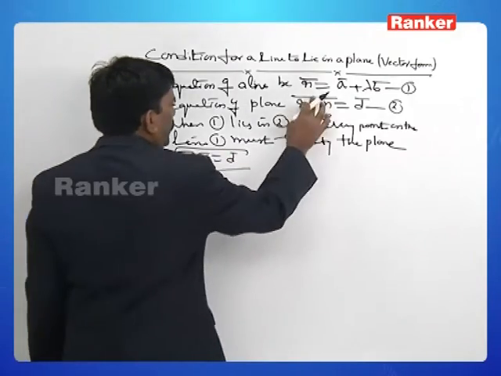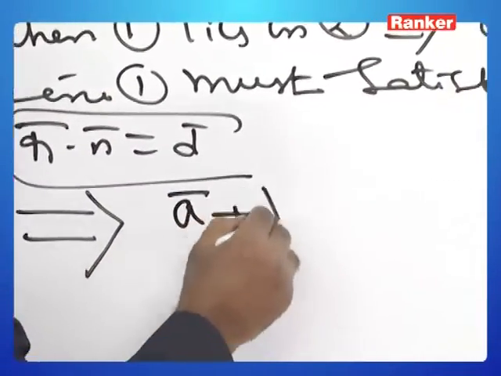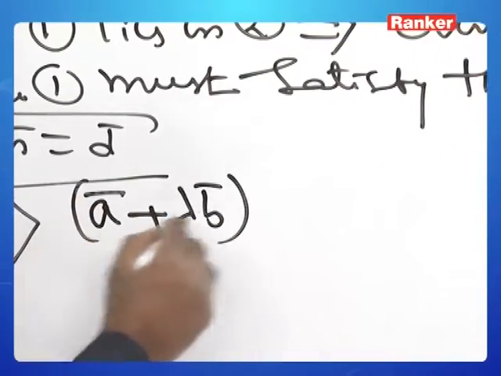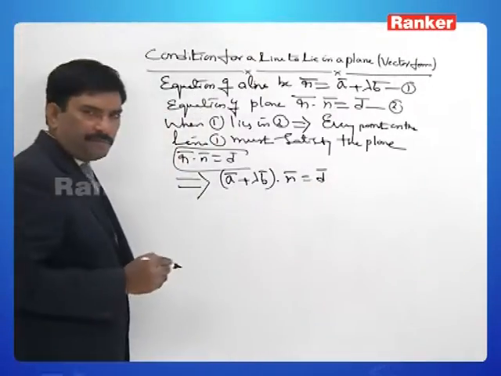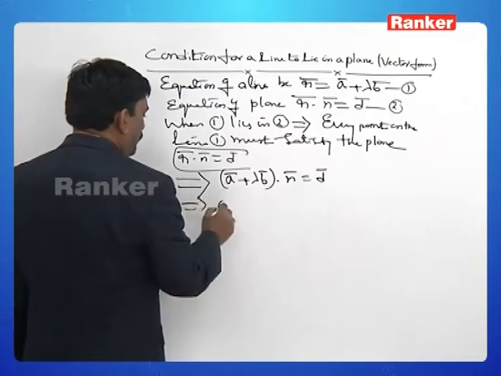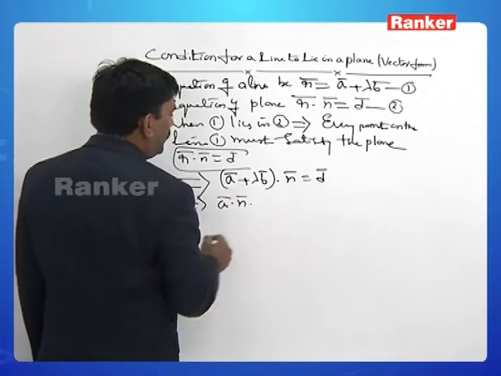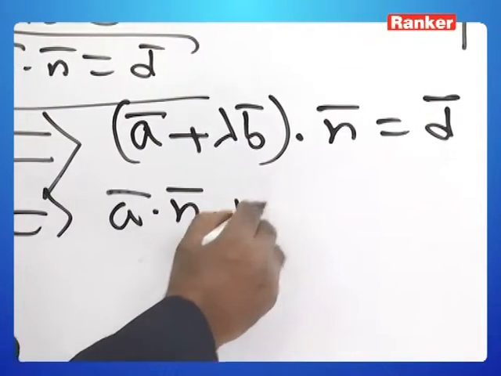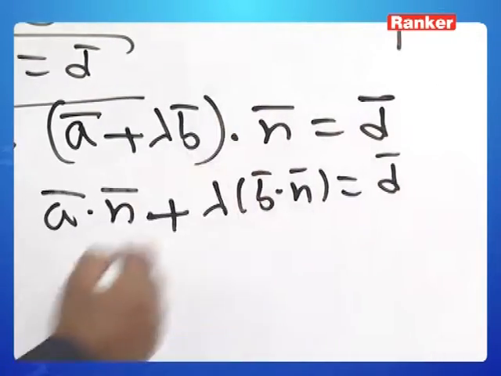Now, in place of r bar, you substitute a bar plus lambda b bar dot n bar is equal to d. Followed? Now I can write a bar dot n bar plus lambda into b bar dot n bar is equal to d, correct?